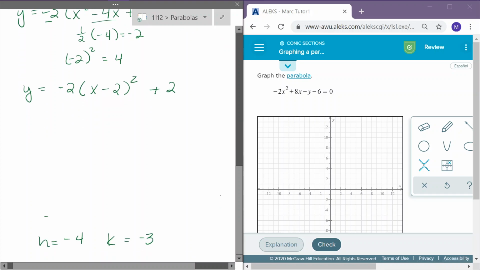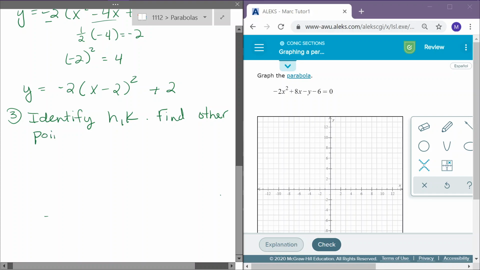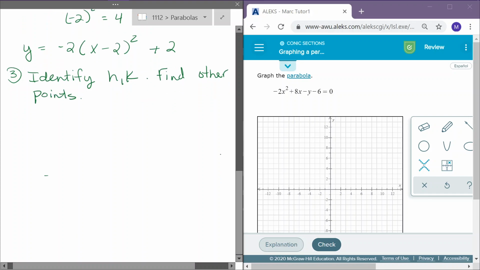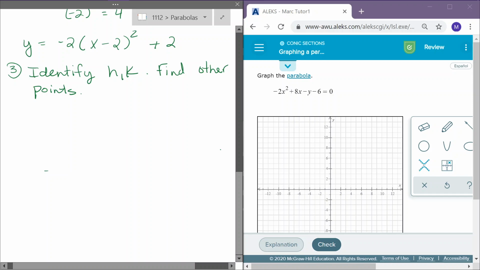So that leads us to our third step. Here, we want to identify h and k. And then we want to find other points. So we know that our equation is y equals a times x minus h squared plus k.